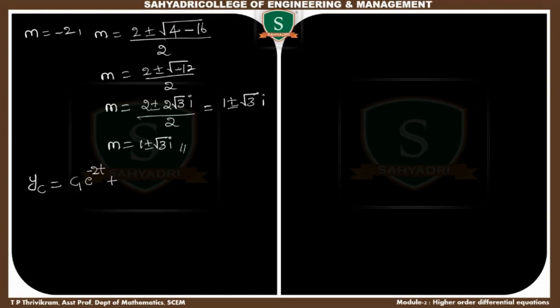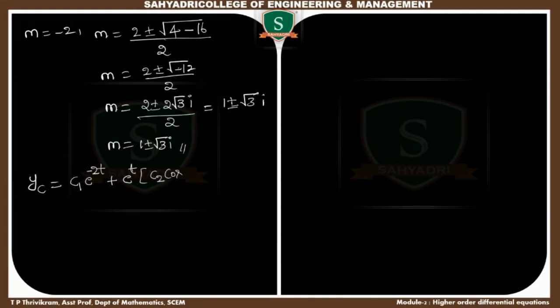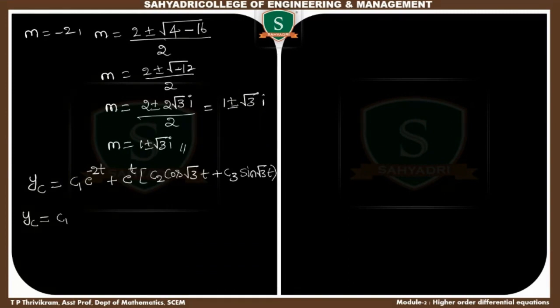e to the power t, into c1 cos root 3t plus c3 sin root 3t. So this is nothing but yc is equal to c1 e power minus 2t. How can you write this in terms of x?